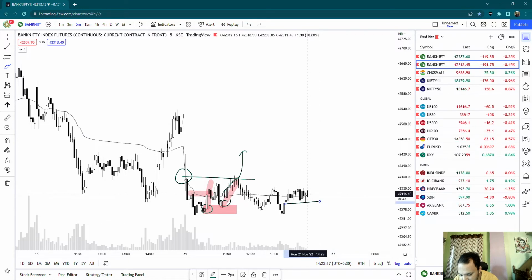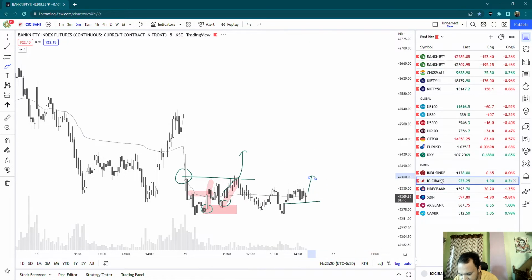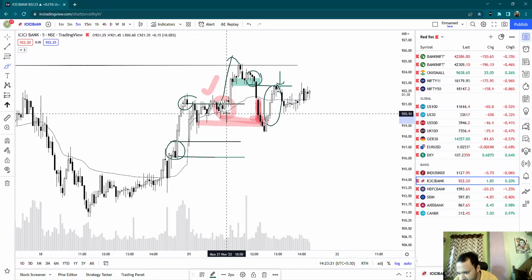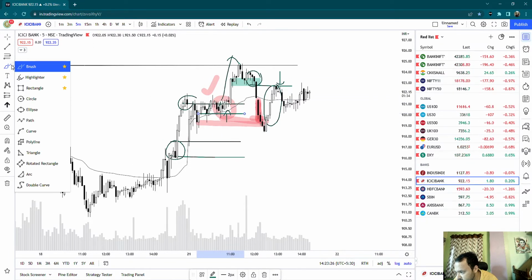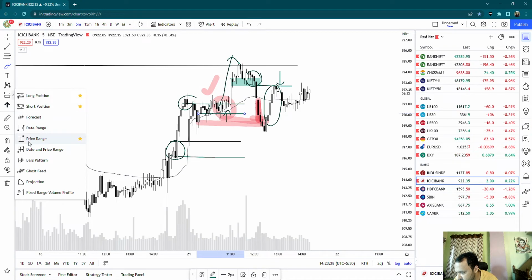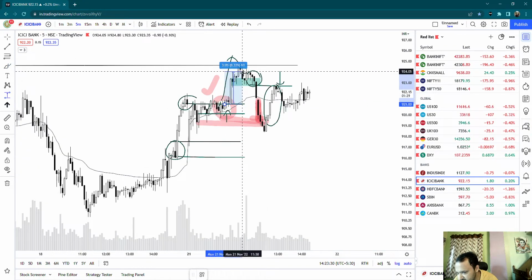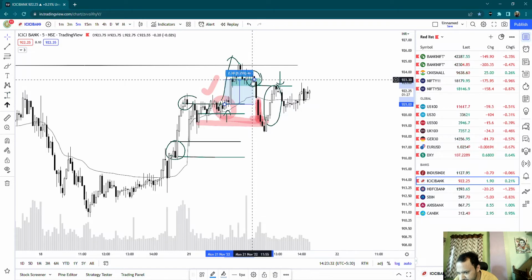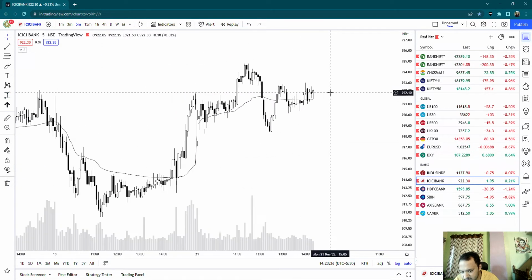You have to work to make your probabilities better. If I'm seeing ICICI Bank is strong and Bank Nifty is at demand, I will jump in and go long in ICICI Bank. This is the trade which I took. I entered somewhere here and exited somewhere around this level when it started to break down. This is how you have to work.